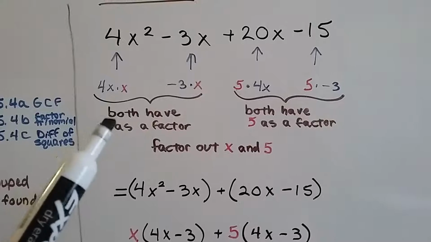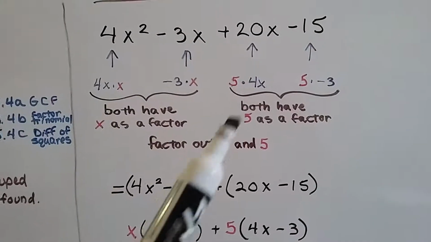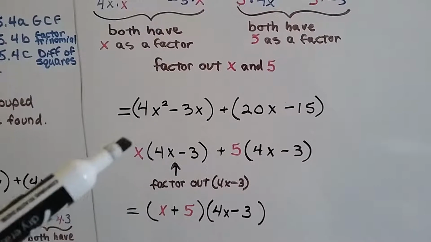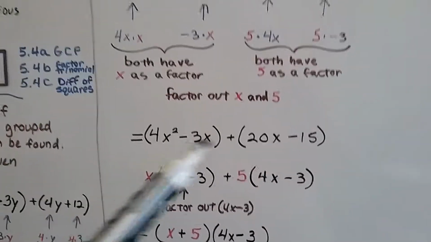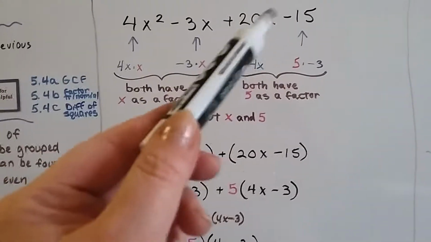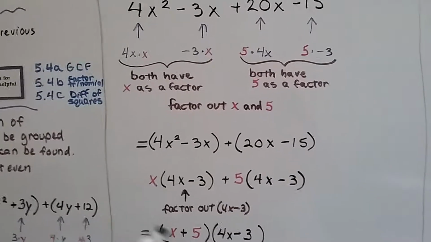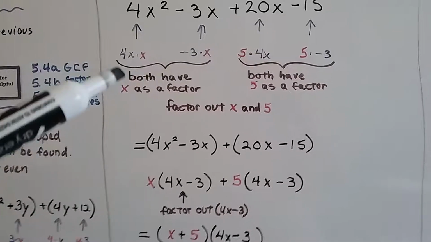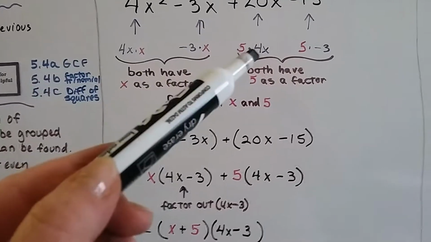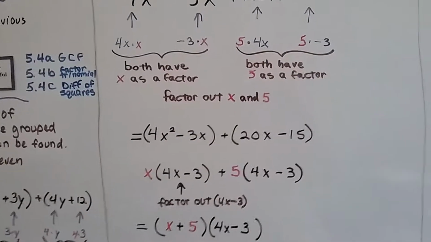These both have x as a factor, so we can yank those out. These both have 5 as a factor. We could factor that out. And what ends up happening in this group, see how it's split in half? Here's the left side, here's the right side, here's the left side, here's the right side. What we get left over is a 4x and a negative 3 in blue, and a 4x and a negative 3 in blue on that side.